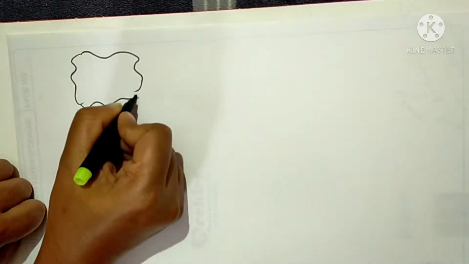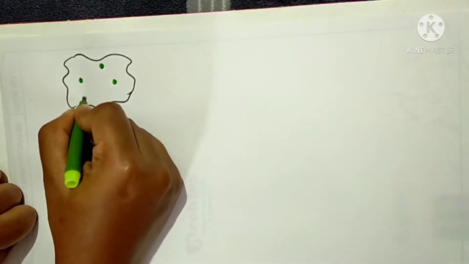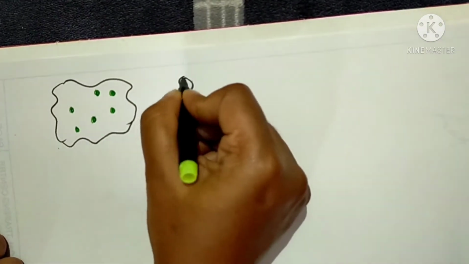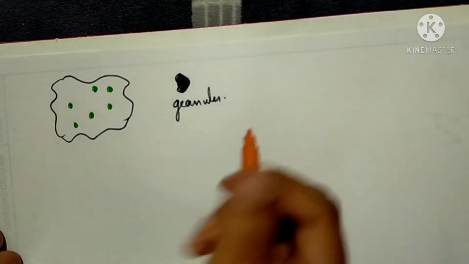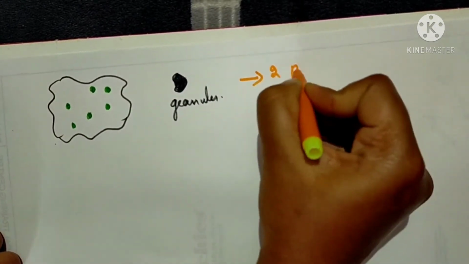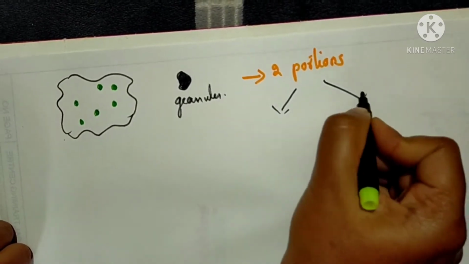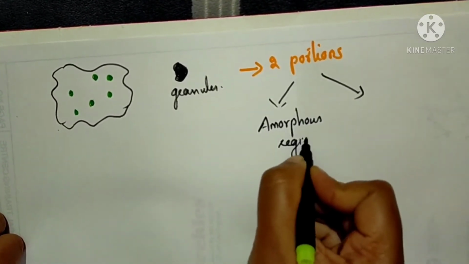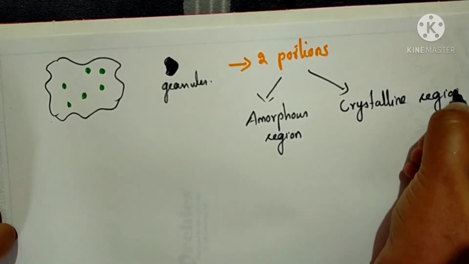In a cell, starch is mainly stored as granules, instead of a linear structure. If you consider the structure of a granule, it contains two portions: an amorphous region and a crystalline region.